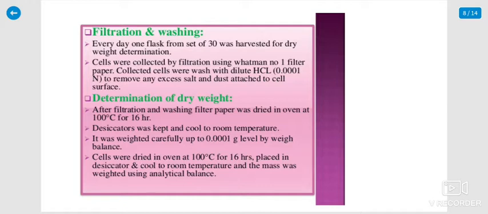It was weighed carefully up to 0.0001 gram level by weighing balance. The cells were dried in an oven at 100 degrees Celsius for 16 hours, placed in a desiccator and cooled to room temperature, and the mass was weighed using an analytical balance.